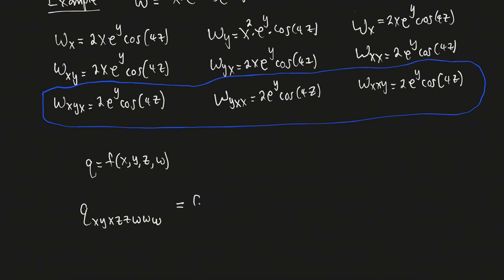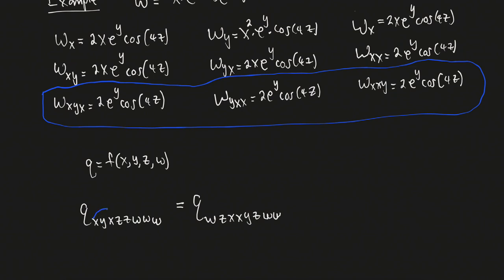This will be equal to, if I did w z x x y z w w. I know these two must be equal, assuming that everything is nice and continuous, right?